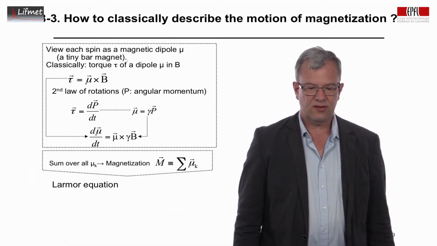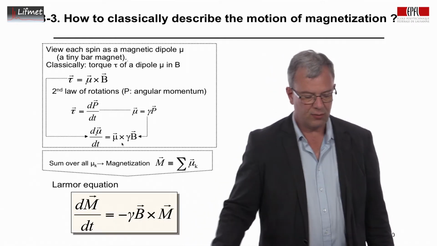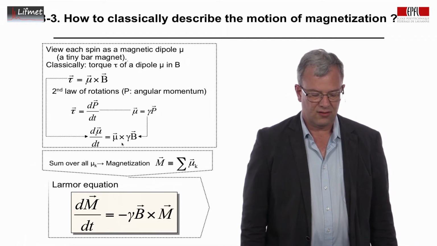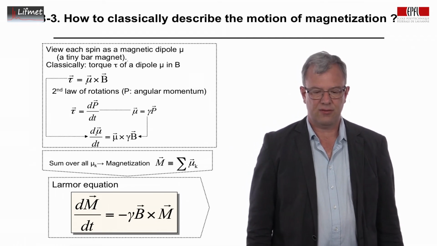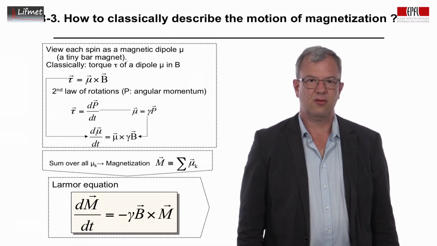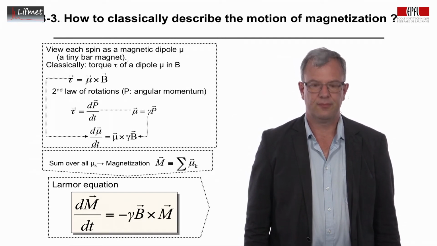Then we can do this summation over this differential equation, and we obtain the so-called Larmor equation, which is given here by the derivative of the magnetization with time equals minus gamma B cross M. That's the vector product.